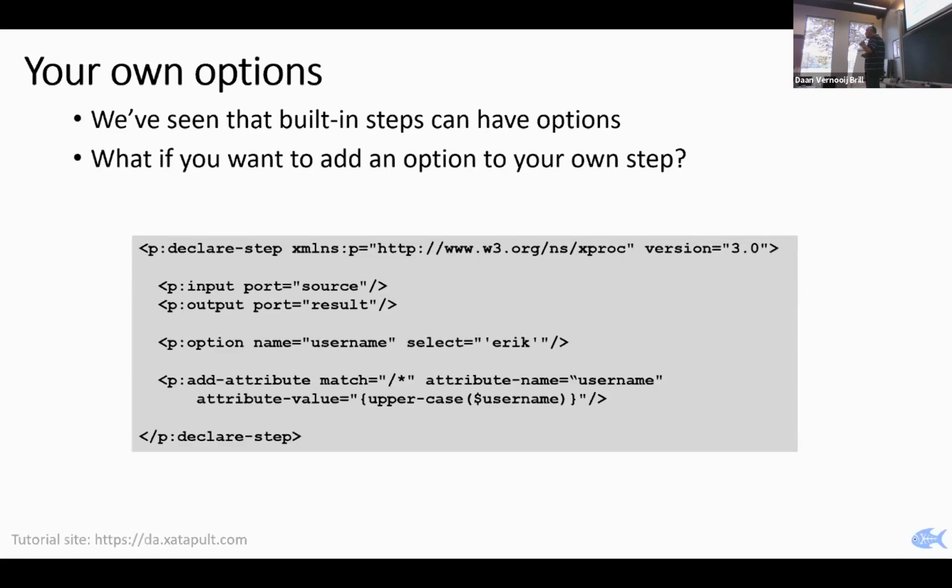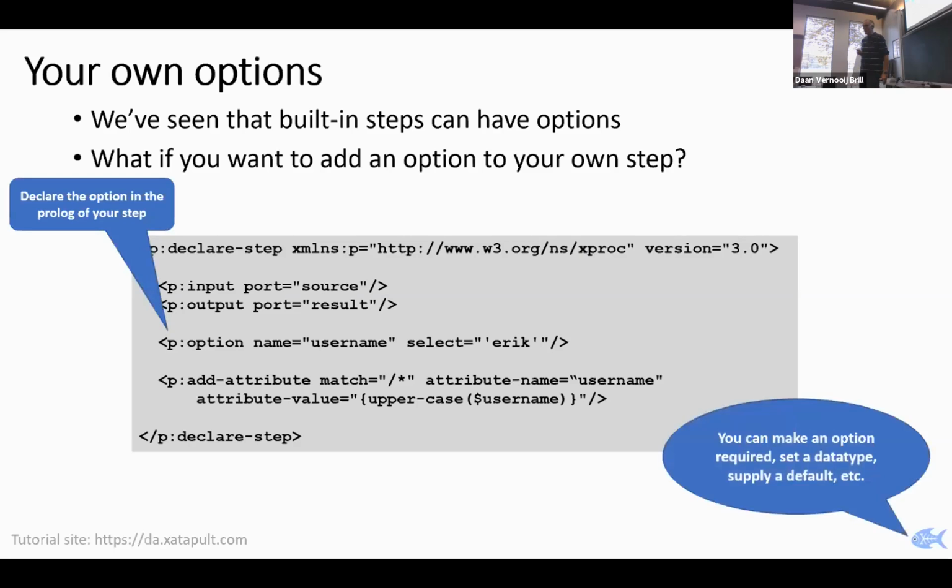What if you wanted to add an option to your own pipeline? You write a pipeline and you want some option that changes something it does. For instance, in this case, I added an option called username with a p:option element, and you have to write it at the top of your pipeline somewhere.